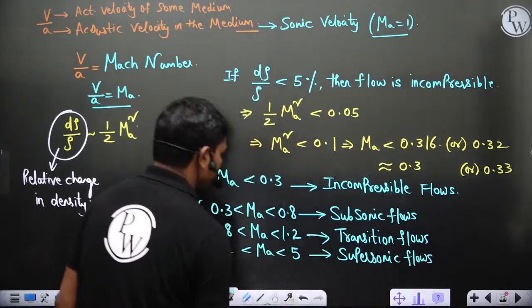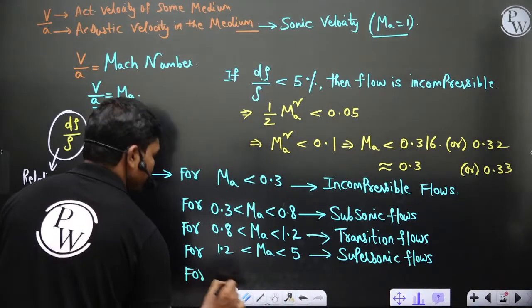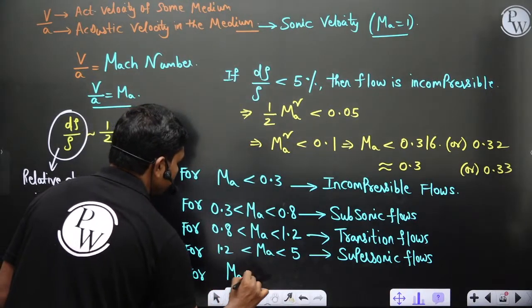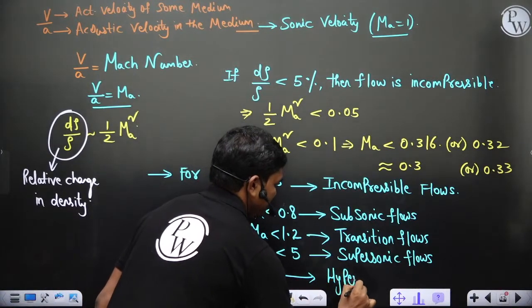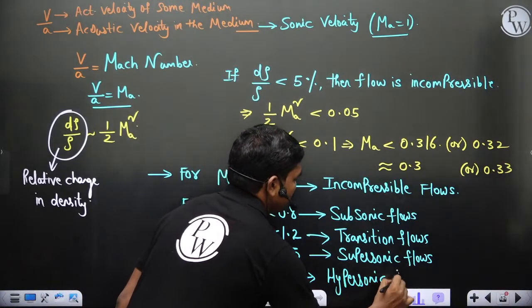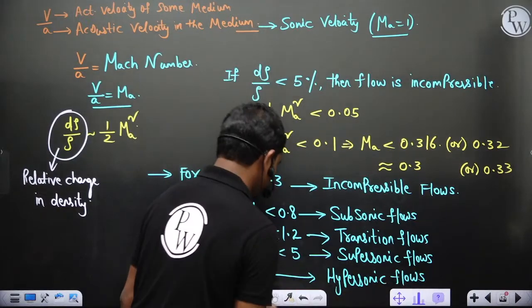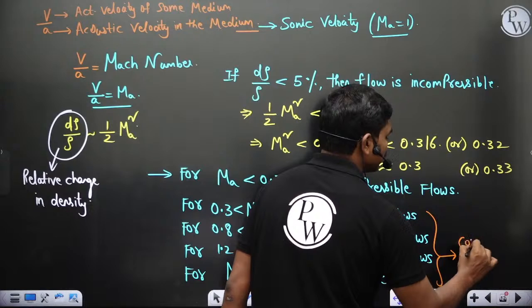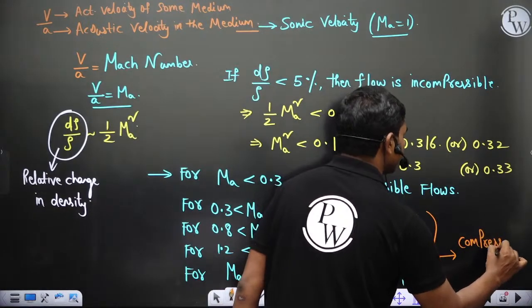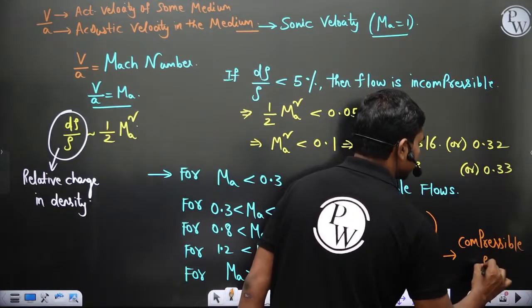And when Mach number is more than 5, we call it hypersonic flows. All these are categories under compressible flows, because Mach is definitely more than 0.3 in these cases.